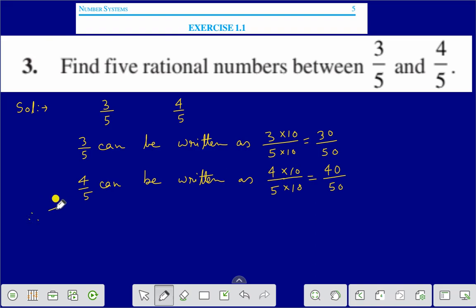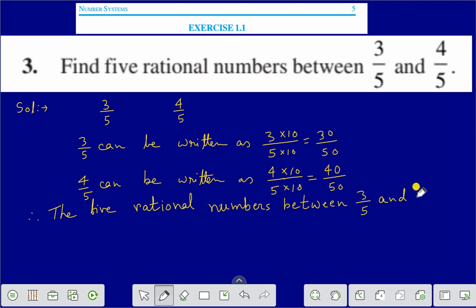Therefore, the 5 rational numbers between 3 by 5 and 4 by 5 are, let's see, we got 3 by 5 as 30 by 50 and 4 by 5 as 40 by 50.